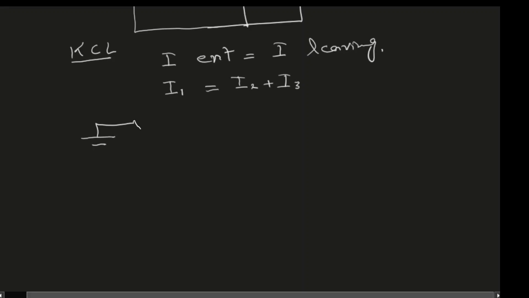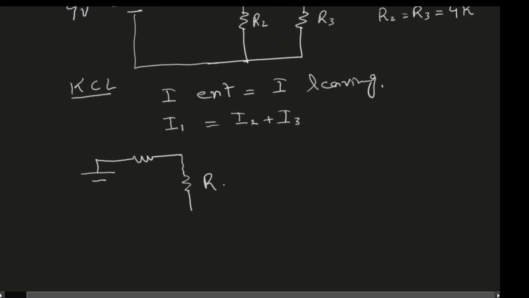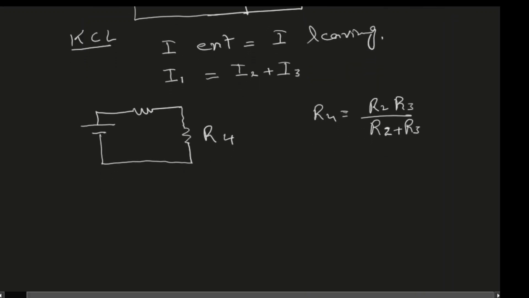So my circuit will look like this. I will have the 9 volts and then R1. And this is, let's say, R4, which is the equivalent resistance of the two resistors that are in parallel. And we know that R4 should be equal to R2 times R3 divided by R2 plus R3. You can see this in one of my previous videos, which is the parallel combinations of resistors.